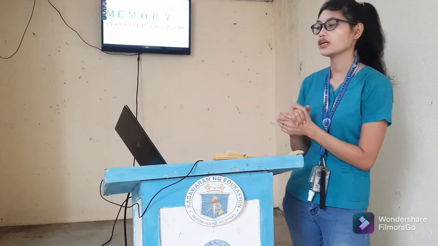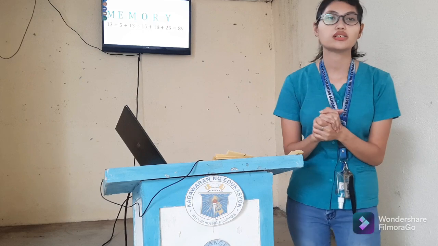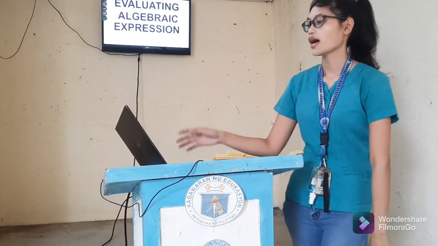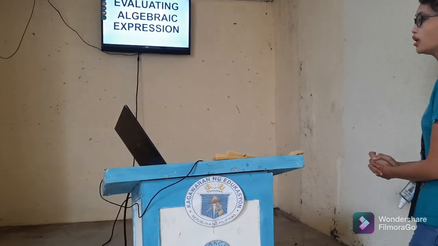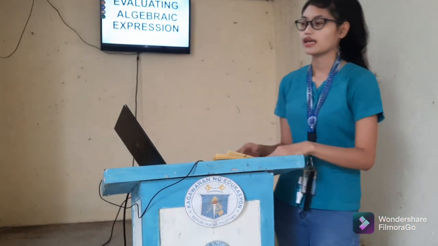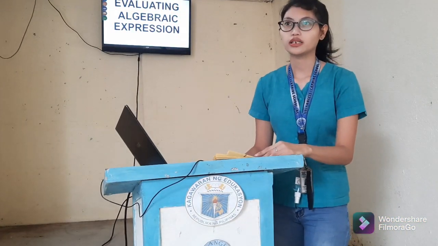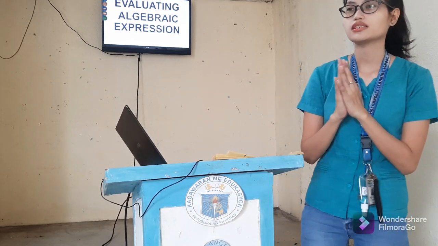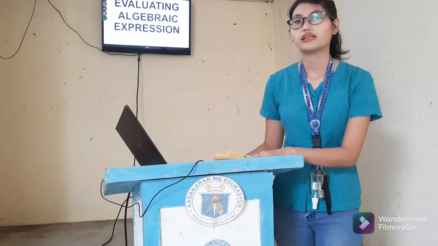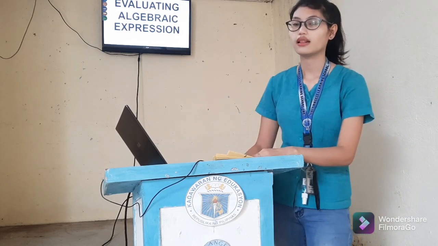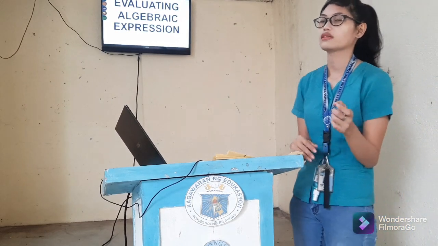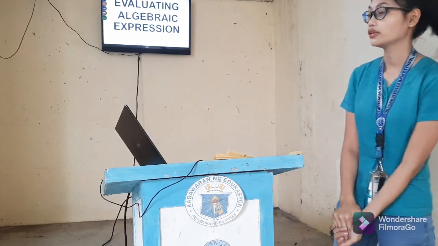And finding the numerical value is what we call evaluating an algebraic expression. So that means that in evaluating an algebraic expression, all you have to do is replace or substitute a number for the variable or the letters. Okay, did you get it? Okay, very good.